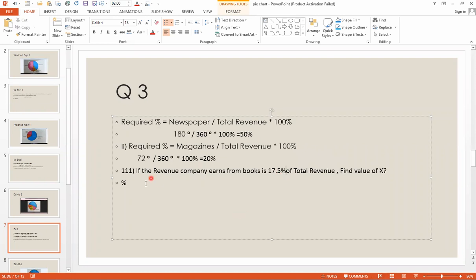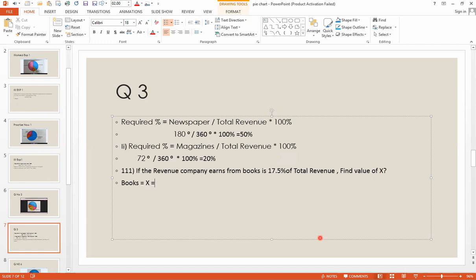Okay, 17.5% of total revenue. Now if the revenue the company earns from the books, so here first I have to write books, and they don't give the value in degree about the books. Instead of the value of books, they gave us X. So here I have to write X.